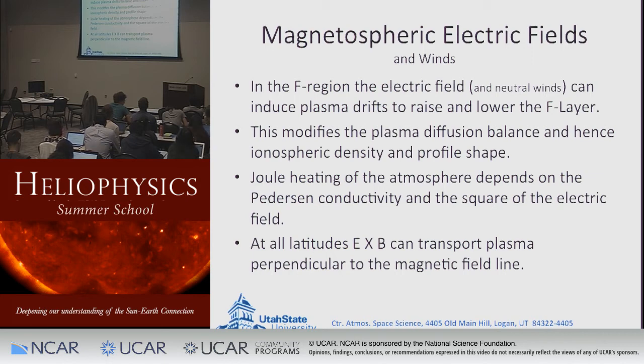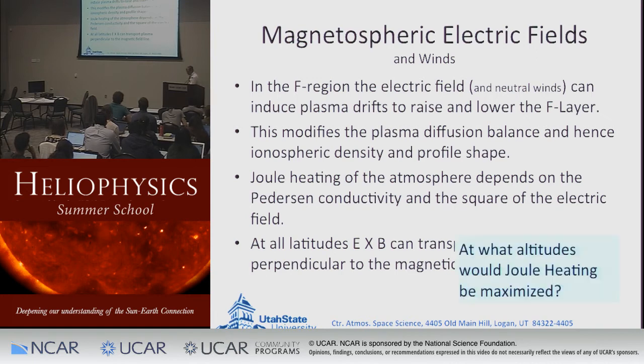This is just a formula. But at all latitudes, E cross B can transport plasma perpendicular to magnetic fields, and that's up in the F region. So what we're going to do now is just give you an idea of what we mean by this E cross B drifting, what kind of things can happen.